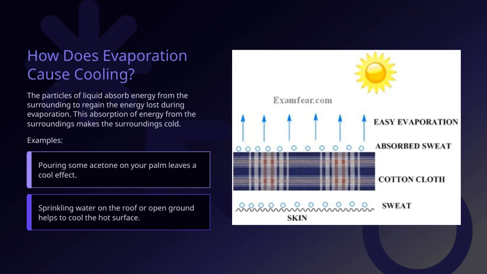Similarly, sprinkling water on the roof or on open ground helps to cool down hot surfaces. The water evaporates, absorbing heat from the surface, which helps to lower the temperature. So, in essence, evaporation acts as a natural cooling process, thanks to the energy exchange between the liquid particles and their surroundings. It's a simple yet effective way to reduce heat in various situations.